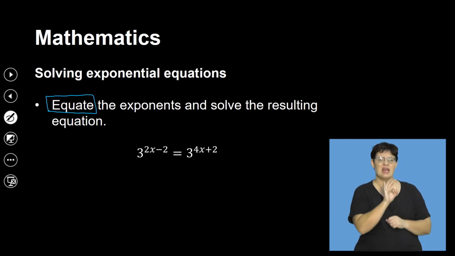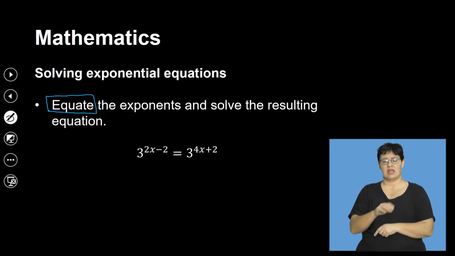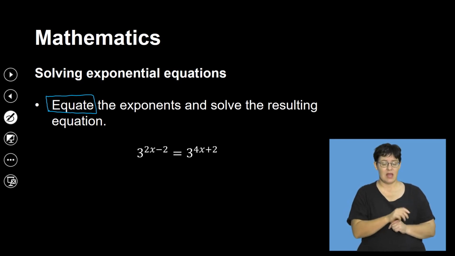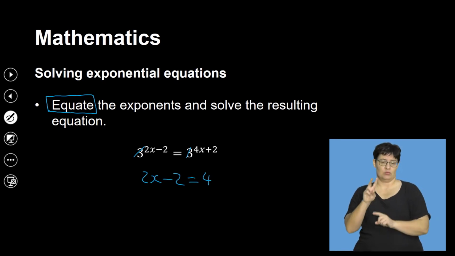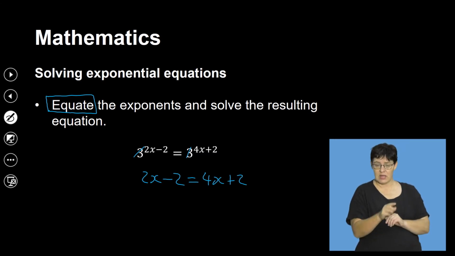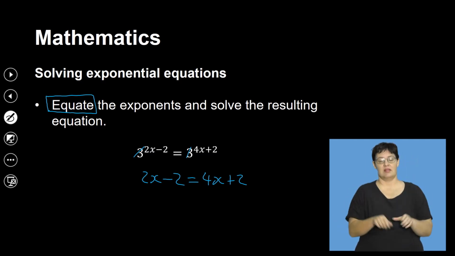Remember, it was 3 to the exponent of 2x minus 2 equal to 3 to the exponent of 4x plus 2. What you're going to do is get rid of that base and that base there, meaning you will equate your exponents, right? 2x minus 2 equals 4x plus 2. So the law here is, when the bases are the same, definitely the exponents need to be the same.